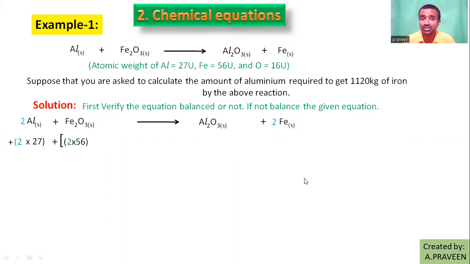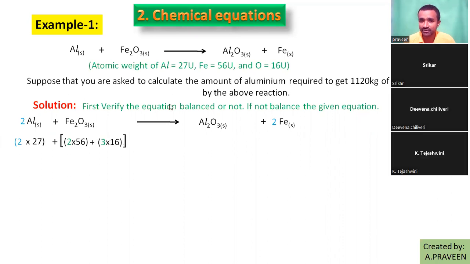Then plus 3 oxygens, 3 into 16. I think it is clear to everyone what I am trying to do here and why I have written it like this. So follow these square brackets carefully, mathematically. It is compulsory to separate the coefficient.